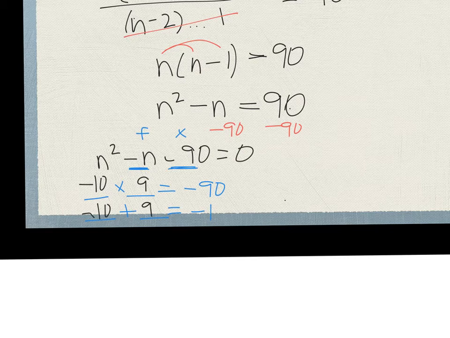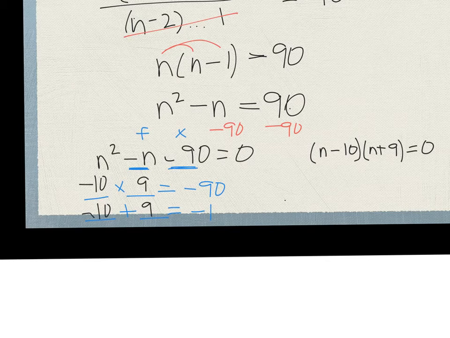They have to be the same two numbers, right? You can't be like, well, 9 and 10 make 90, and then 8 and 7 make 1. You can't do that. You have to pick the same two numbers. It's negative 10 and 9. So that means my factored form is n minus 10, n plus 9. Not that hard, right? It's not too bad.